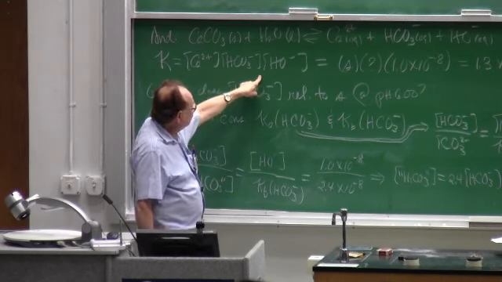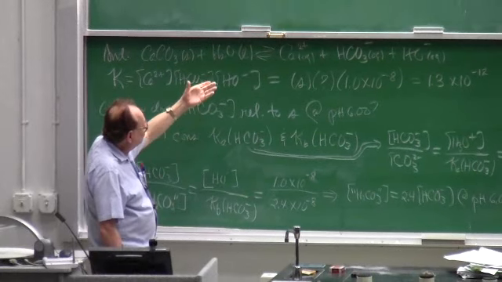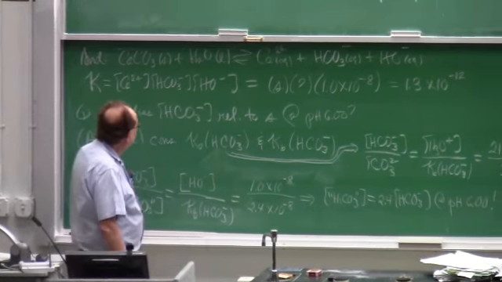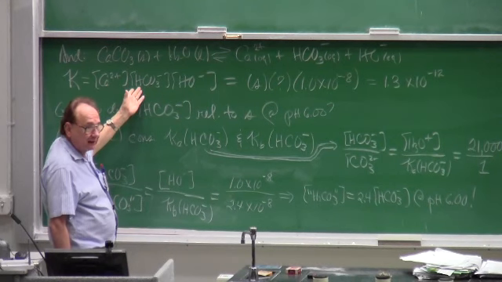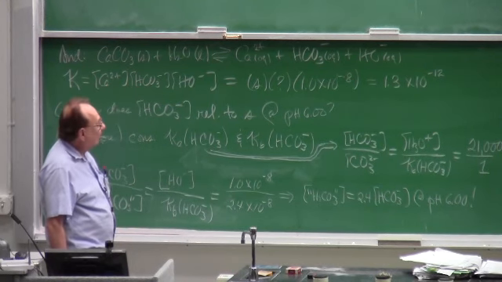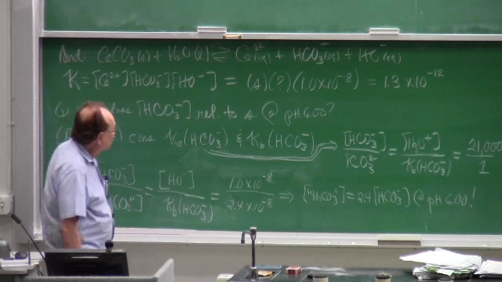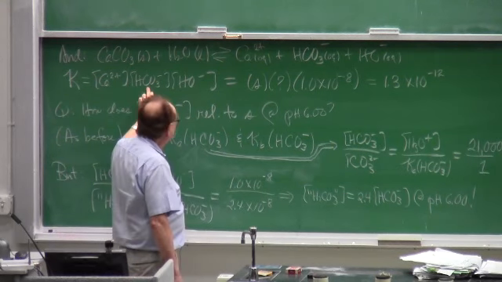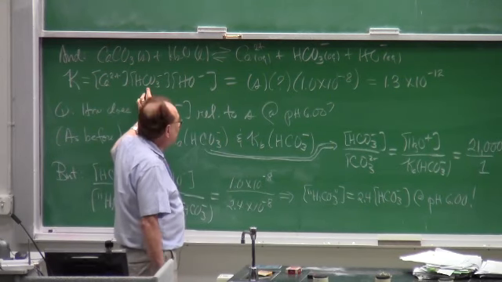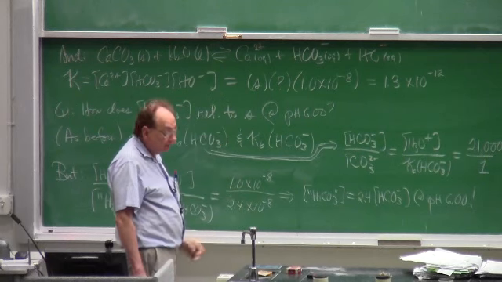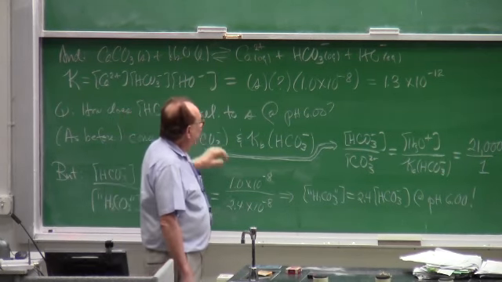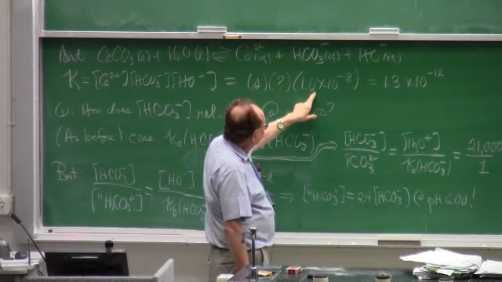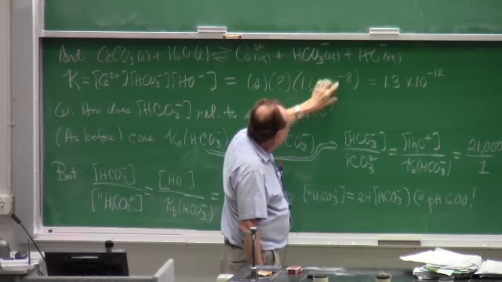So we write this is K. We know the calcium ion molarity is equal to the solubility. The question is, how does the bicarb molarity compare to the S value, the solubility, at pH 6 in this case? We found out that bicarb molarity was practically speaking the same as S at pH 8, but pH 6 is a different story. Times the hydroxide ion molarity, which at pH 6 is 1.0 times 10 to the minus 8.